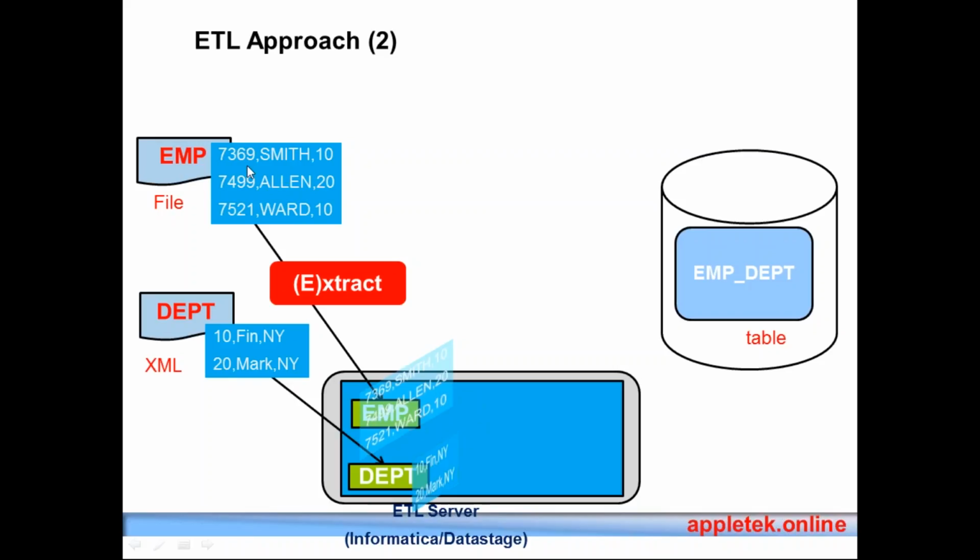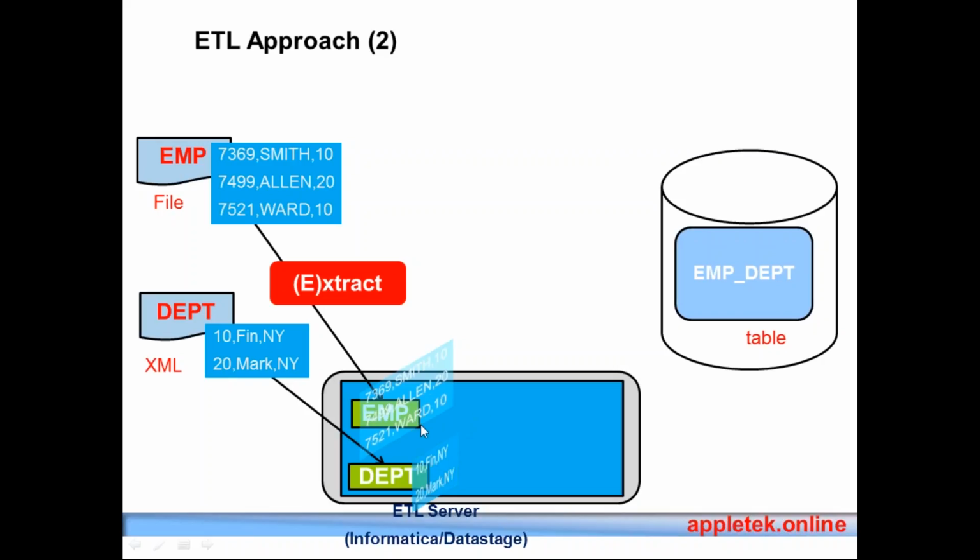Here you may have data in any structure, I don't care. But when the data comes to your ETL server, it converts into ETL understandable data structure. In a simple way, it is a kind of broker, an intermediate person. Once the data comes over here, both have become ETL specific data structures, and it is easy for the ETL server to join them. It loses the originality. The data values will never change, but the data format and structure become uniform over here.